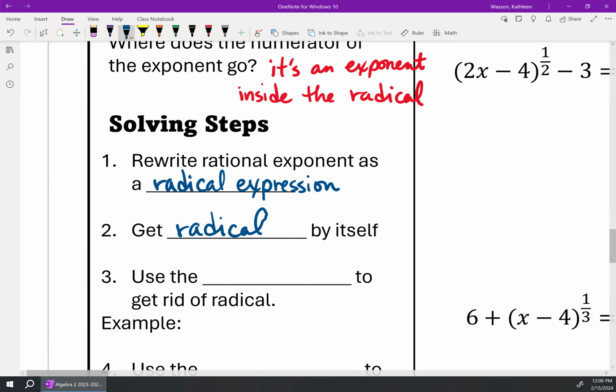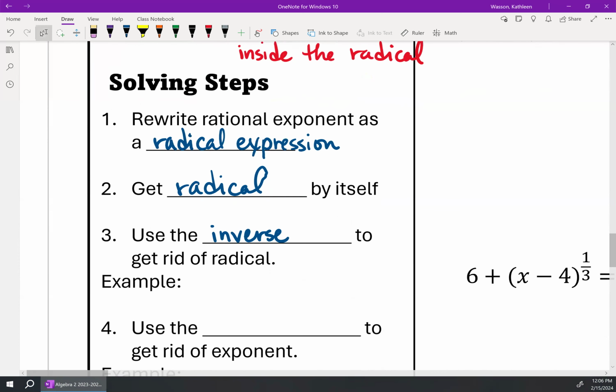Then you use the inverse operation to get rid of the radical. Really what that comes down to is that you use the index as a power.